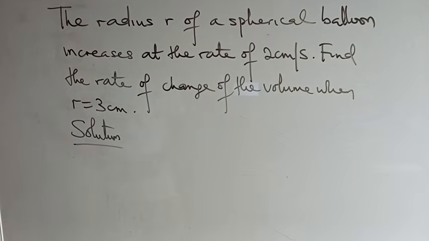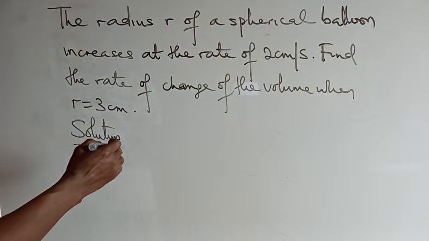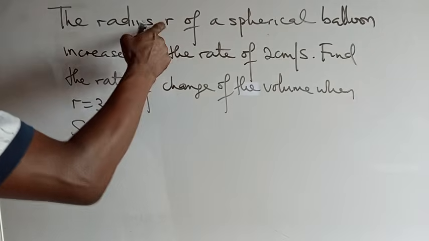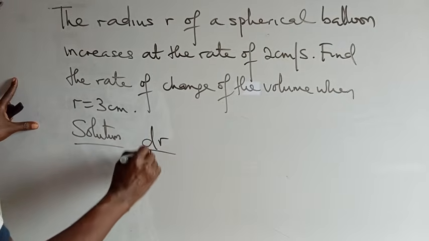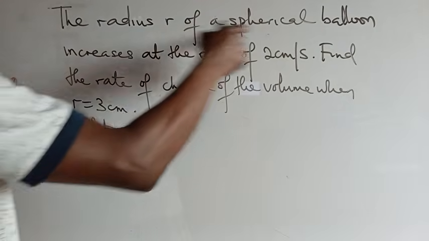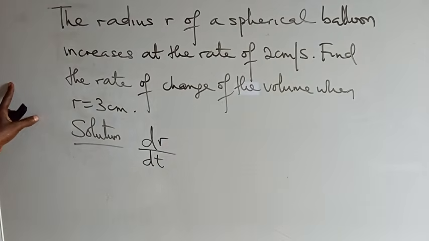Fine. Now, we are first of all going to take note of what we are given. The radius r of a spherical balloon increases at the rate of, so now at the rate of, that's the radius r, that is going to be dr over dt. Anything that has to do with rate means divided by time.